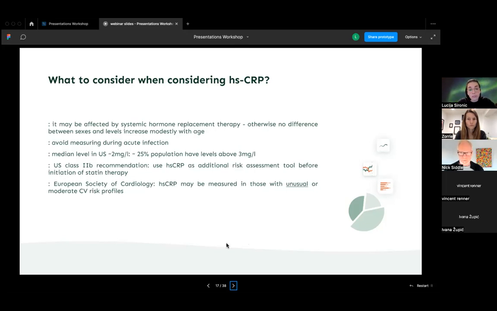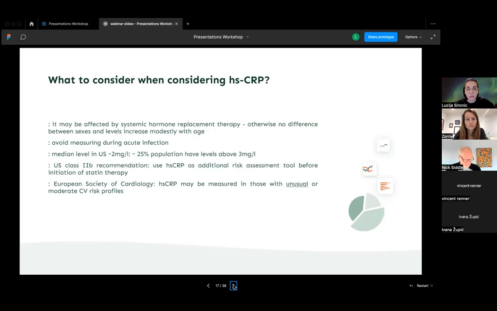In the US, it looks like it's currently being used as an additional risk assessment tool before initiation of statin therapy. Whereas in Europe, current guidelines by the Society of Cardiology say it might be considered in cases of unusual or moderate severe risk profiles.